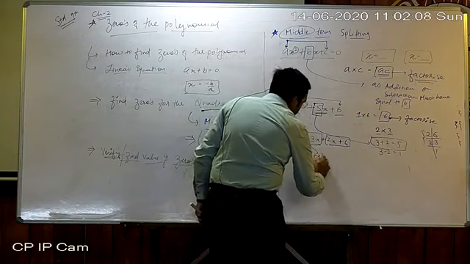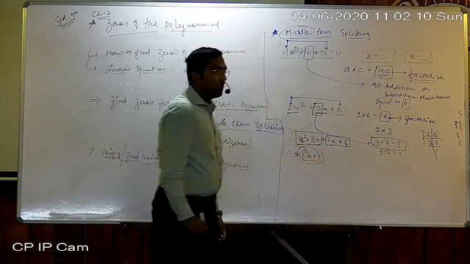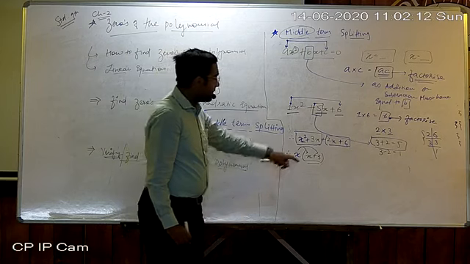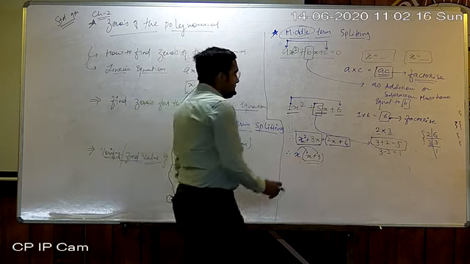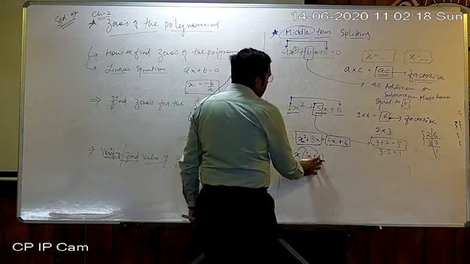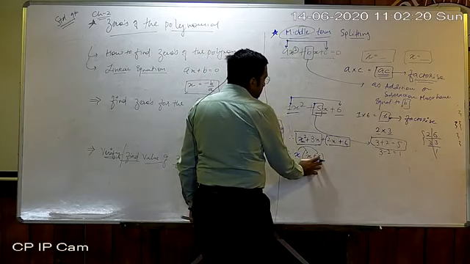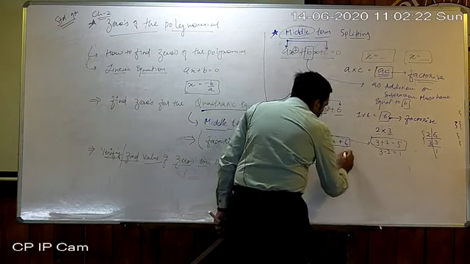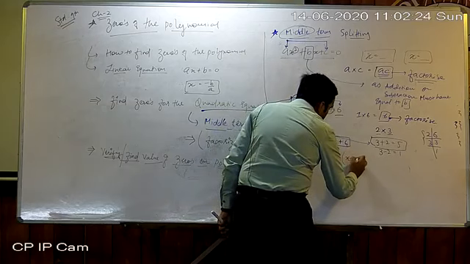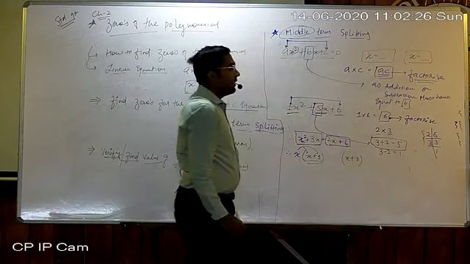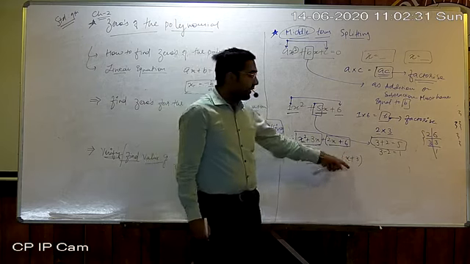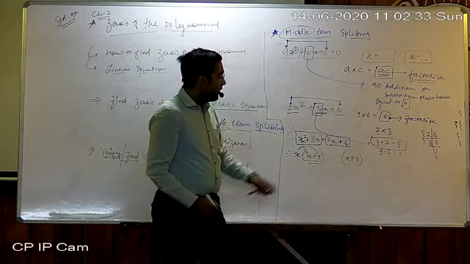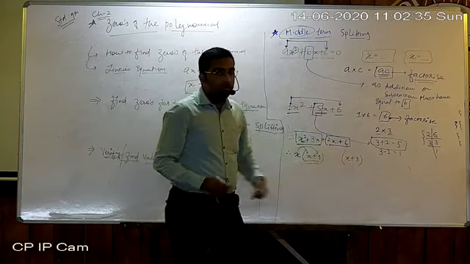Whenever you get a bracket like x plus 3, you must write x plus 3 here as the second bracket for the second two terms.